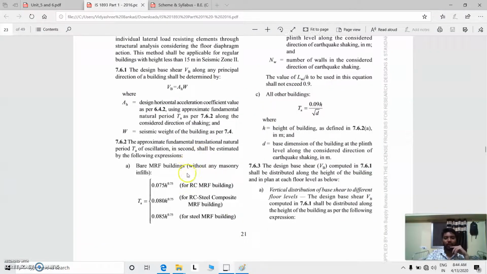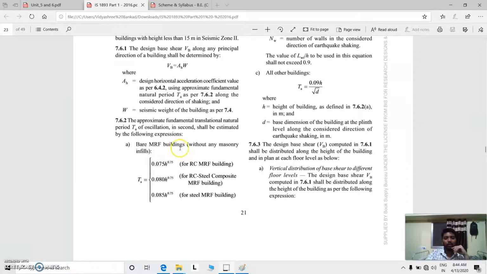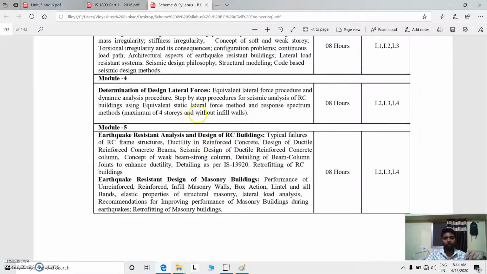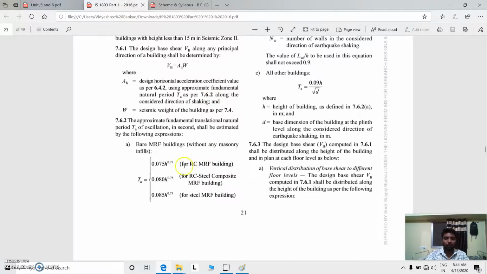Time period is given for moment resisting buildings. If you are considering moment resisting buildings without masonry infills, again, as per the syllabus, without infill walls, for RC moment resisting buildings you have to consider 0.075 H to the power 0.75, where H is the total height of the building, to calculate this time period.